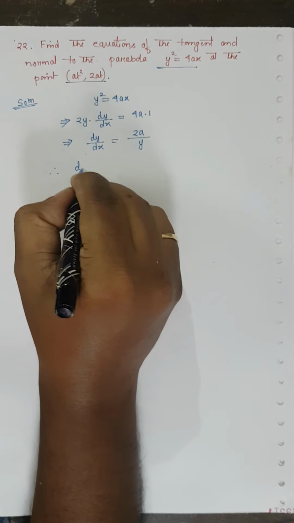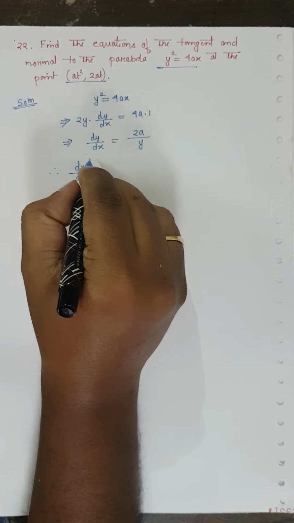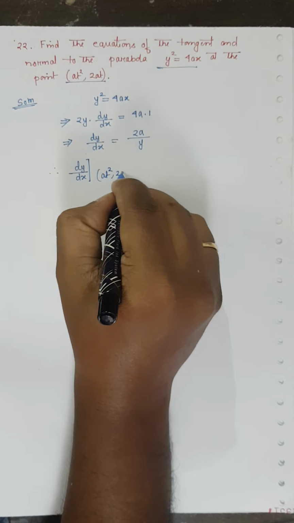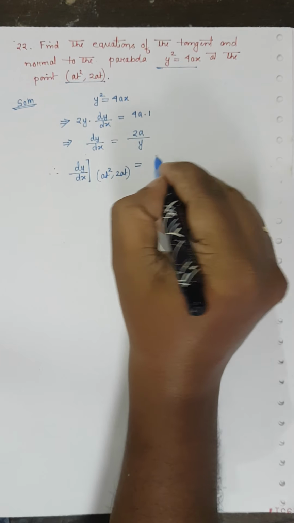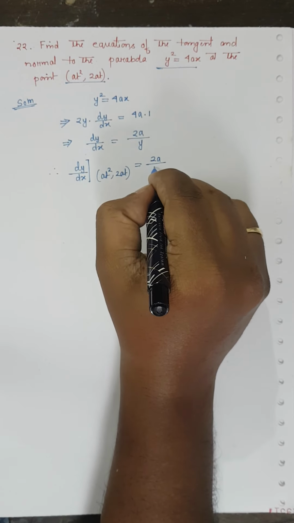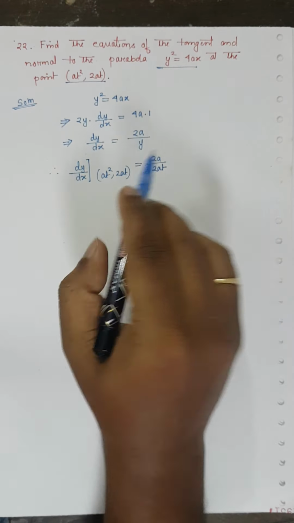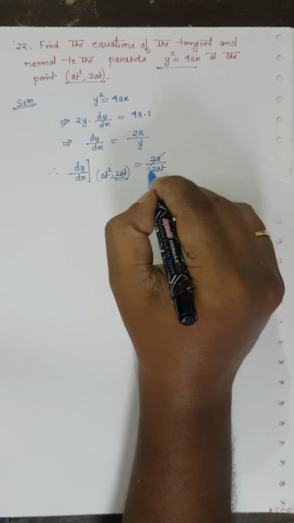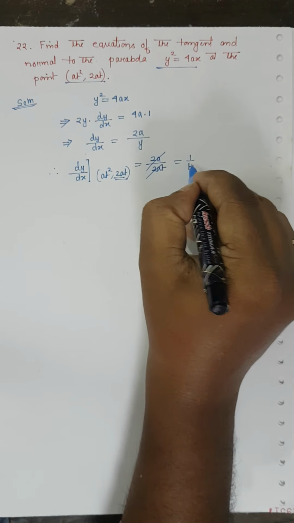Hence, if I find the slope of the tangent at the point at square, 2at, this is twice a by twice y. The value of y coordinate at this point is twice at, so it is 1 by t.